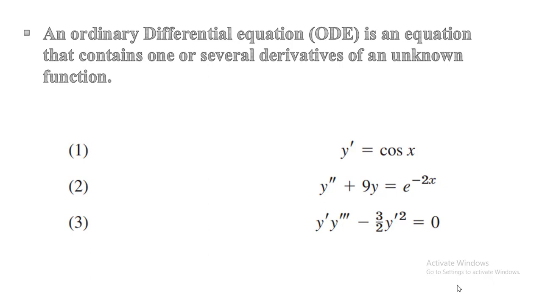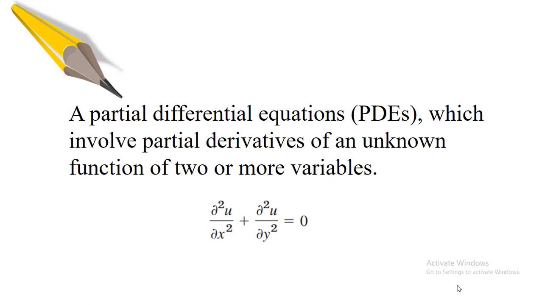And third, we have y prime times y triple prime minus 3/2 times y double prime squared equals 0. A partial differential equation PDE involves partial derivatives of an unknown function of two or more variables. PDEs have important engineering applications, but they are more complicated than ODEs. So we will consider them in upcoming chapters.